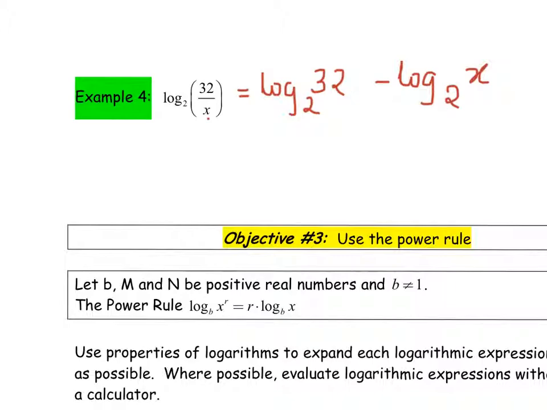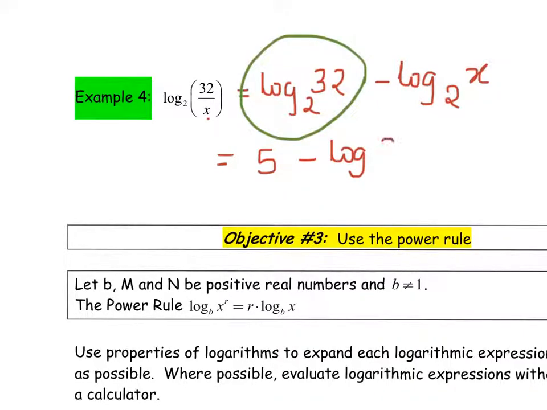I want you to do it the same way in the test so you know you're not missing or skipping anything. Next question, can I simplify this? Yes, you can plug that in your calculators. You will see that 2 raised to the 5th power gives you 32. So log 32 to the base 2 is 5. 5 minus log x to the base 2.